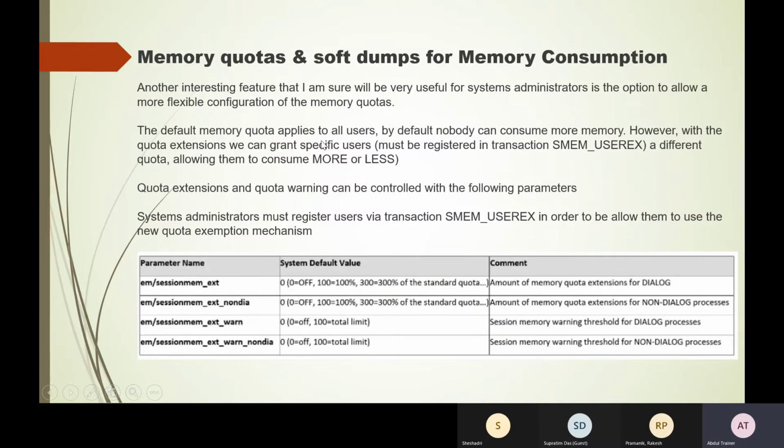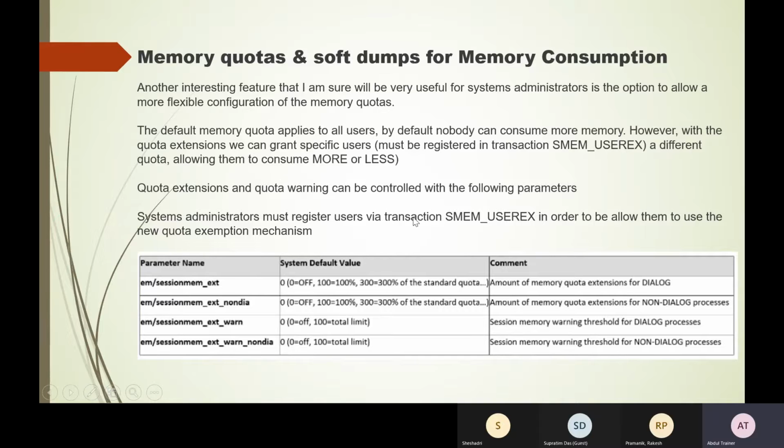The default memory quota is applied to all the users. By default, nobody can consume more memory. If you define the quota, then by default that quota is set for all the users. However, with the quota extension, you can grant specific users different quotas, allowing them to consume more or less memory.